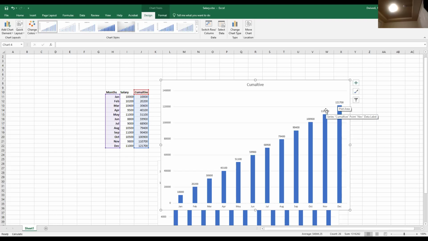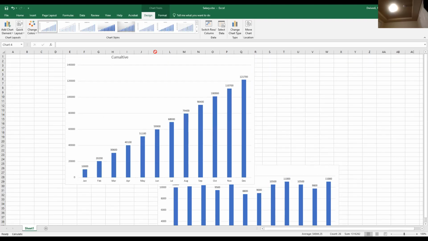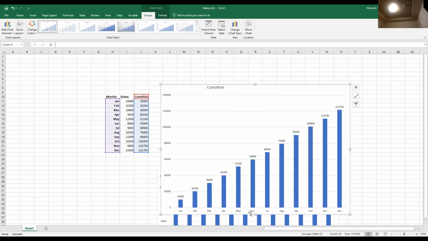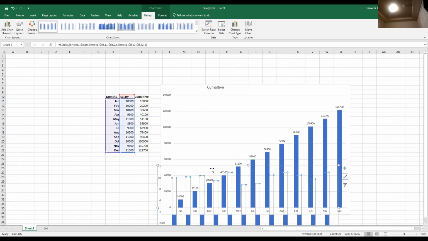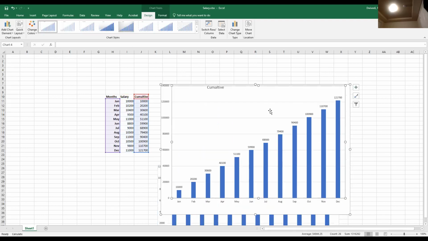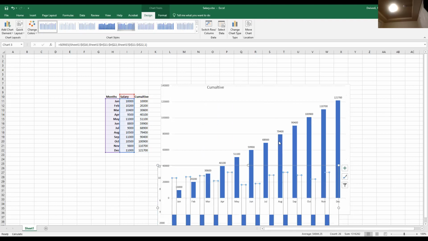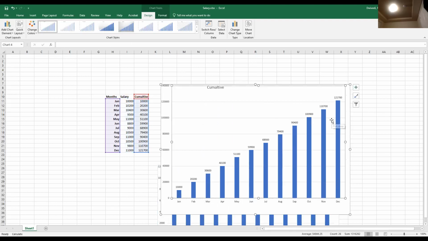So this is a very simple example in order to understand. Therefore, in probability distribution, the individual monthly salary is a PDF, and this cumulative is a CDF.